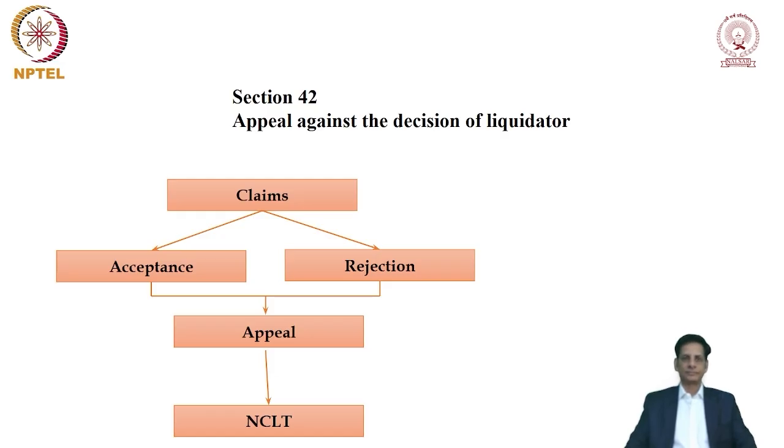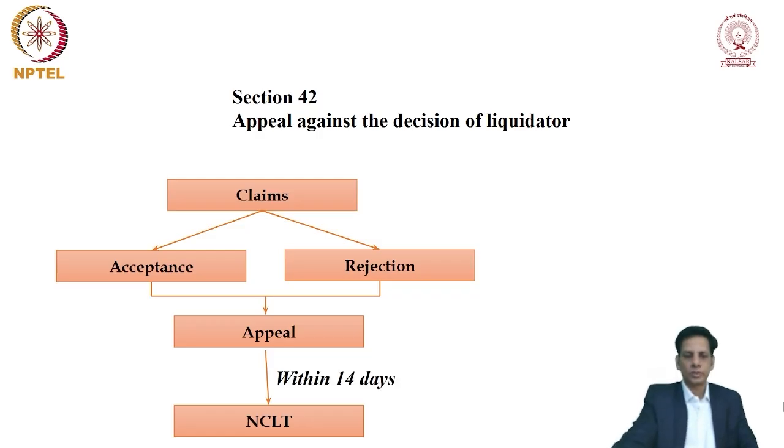Logical question is, if the claim is accepted, then why should I appeal? Obviously, we are saying if the claim is partly accepted and partly rejected, or the valuation of the claim is substantially less than what you have claimed, that's when there is probably a chance for you to appeal to NCLT. And what is the time limit within which I can make an appeal?